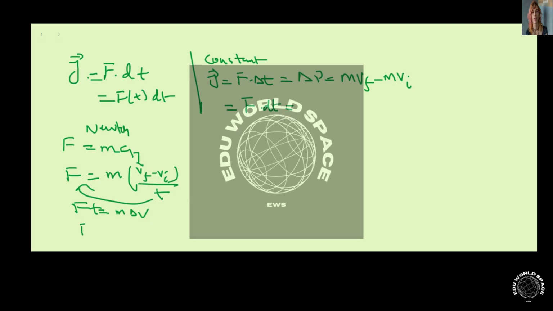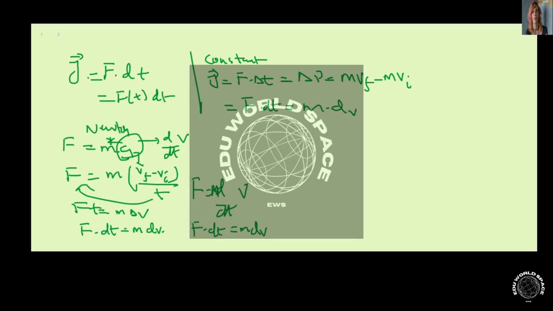At the infinitesimal level, F dt equals m dv. Or you can think of the acceleration at the infinitesimal level as the time derivative of velocity. So if F equals the mass times the time derivative of velocity, you end up with F dt equals m dv. This is going to be helpful in solving the problem.